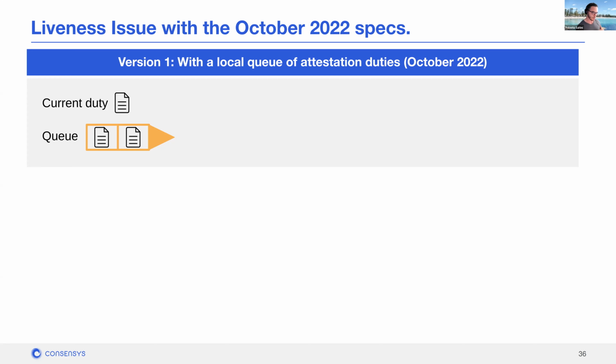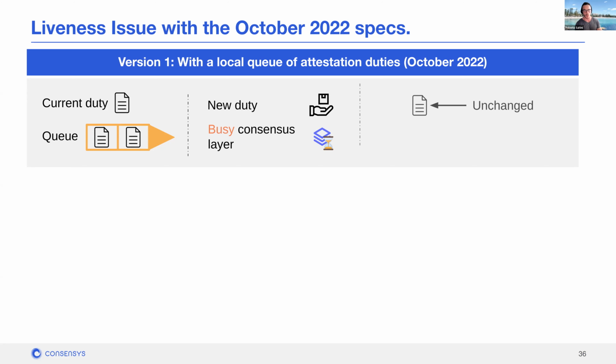Consider a scenario where there is a current duty to be acted upon, and you also have a queue. When it's time to act on a new duty, for example create a new attestation, assume that the consensus layer is still busy. What we were doing was not changing the current duty and queuing the new duty. Then once the consensus layer reaches a decision, we pop a duty from the queue and serve that one.